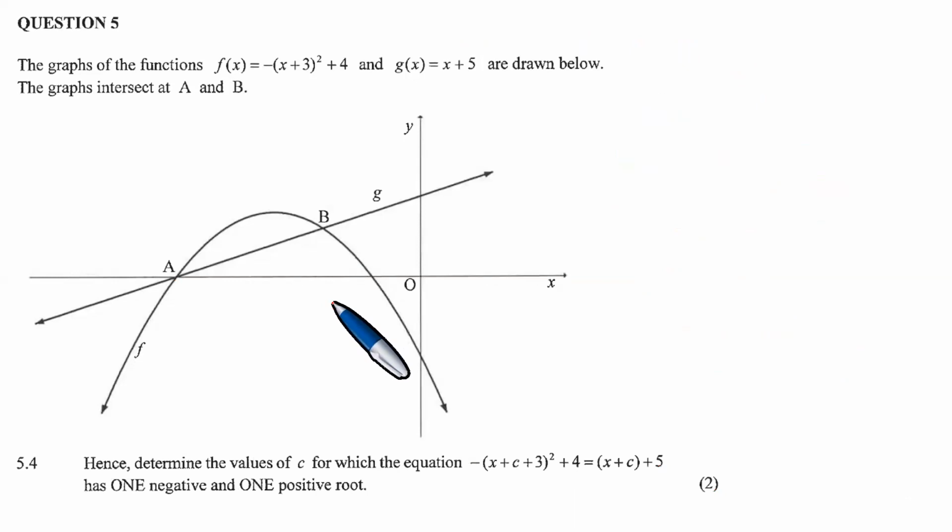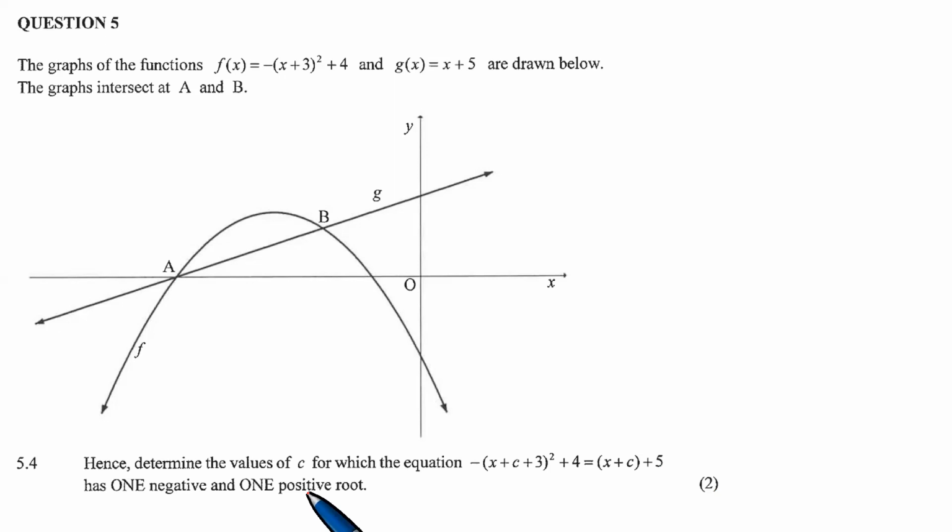The graphs of the functions f of x and g of x are drawn below. The graphs intersect at A and B, hence determine the value of C. Okay, so how do we find the value of C? For which this equation has one negative and one positive root. Right.